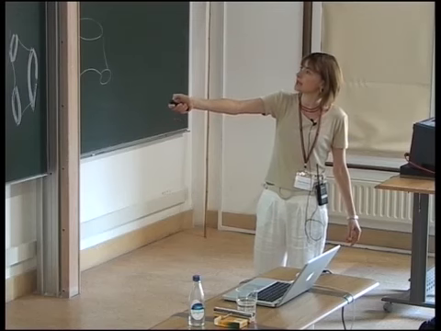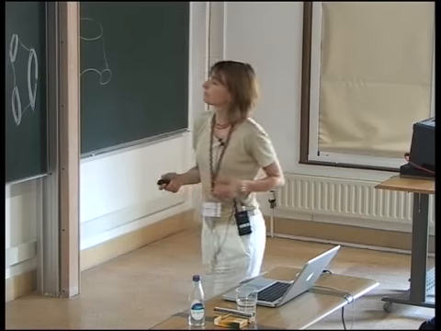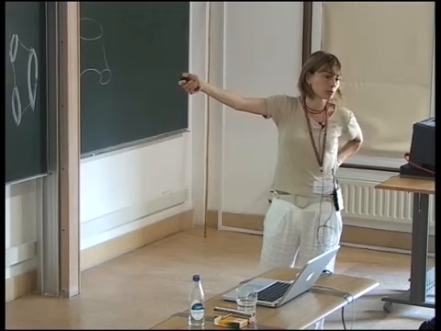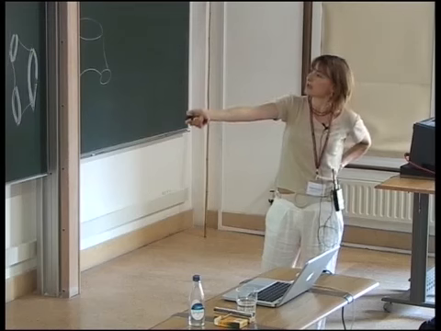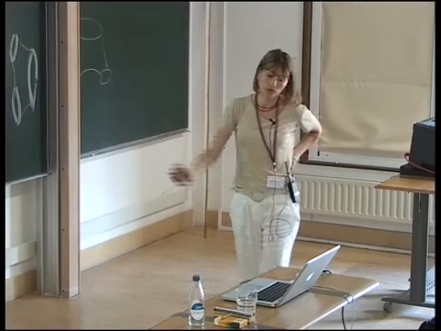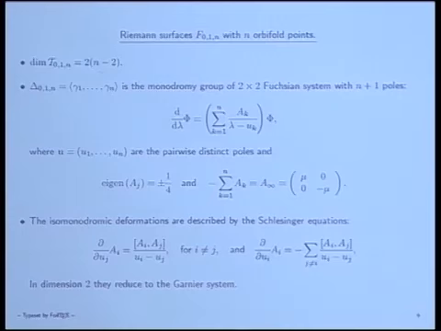And then the matrix at infinity is generally diagonal, and the diagonal elements depend on the length of the geodesic around the hole. Okay? So, and I hope we all know that the isomonodromic deformations of this system are given by the Schlesinger equations, which reduce to the Garnier system. So this is very nice.